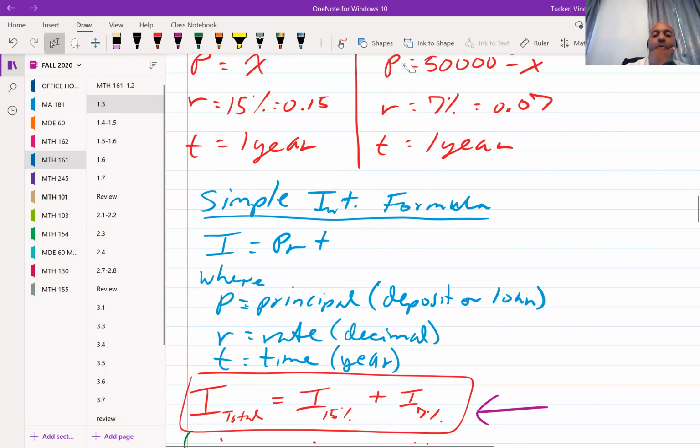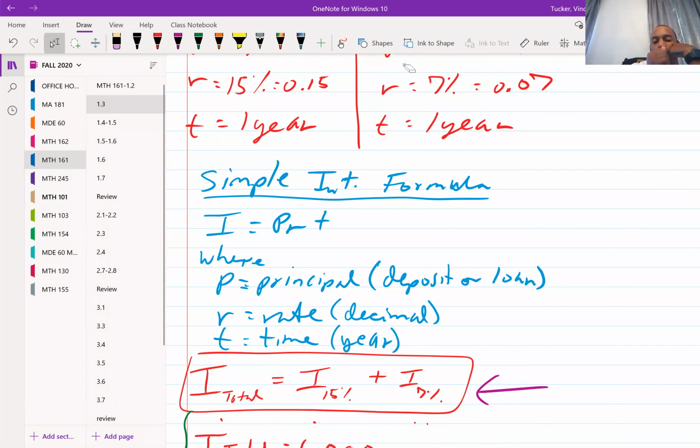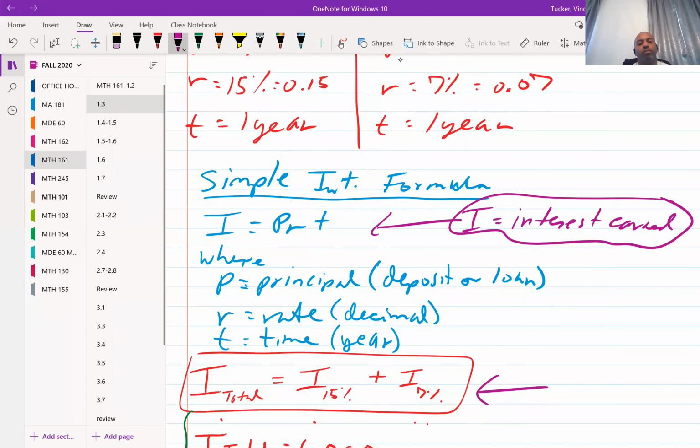All right, so our equation. Remember, whenever you multiply P times R times T, that will be your interest earned. I didn't put that here, but I should have. So I is equal to interest earned. Whenever you multiply P times R times T, that's going to calculate your interest earned for that time period.